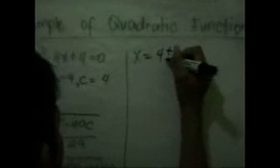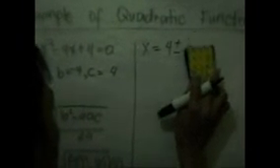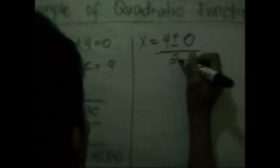Then square root it, divide by 2. Now, 16 minus 16 is equal to 0. We will omit the square root sign because there is no square root of 0.